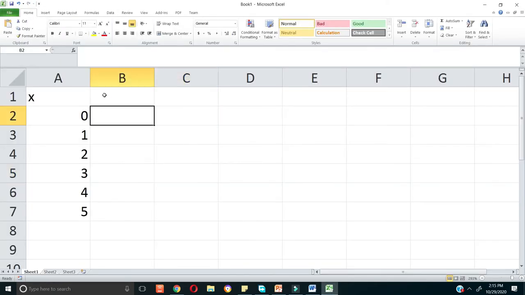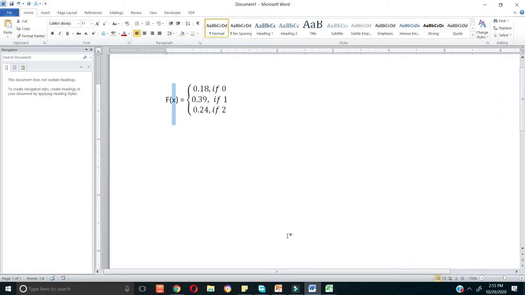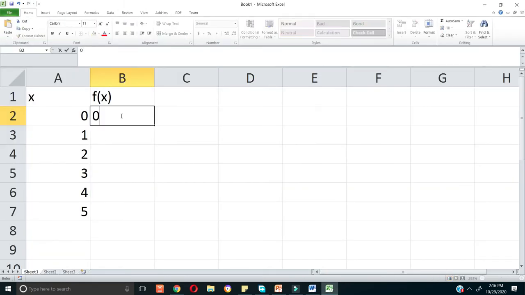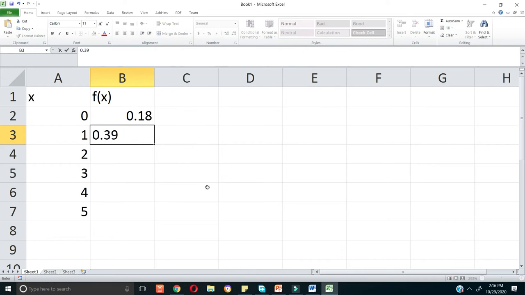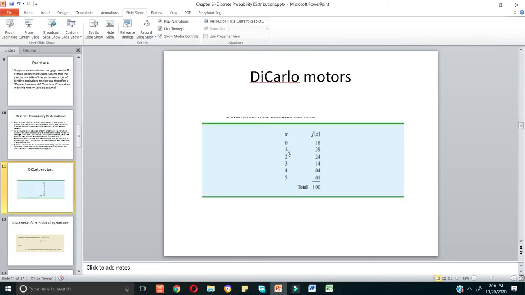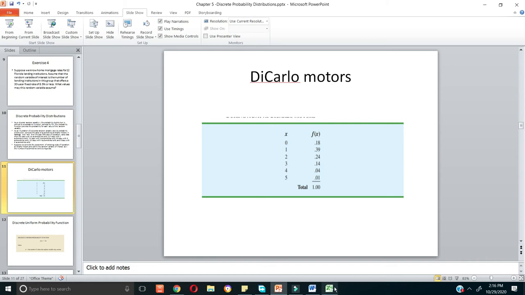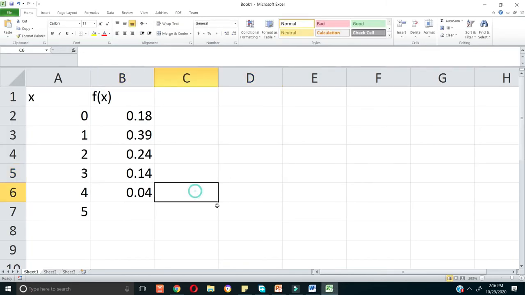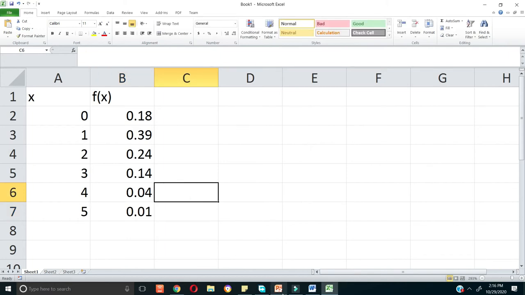So we have 0.18, then we have 0.39, 0.24, 0.14, 0.04, and finally we have 0.01. So that is our data.